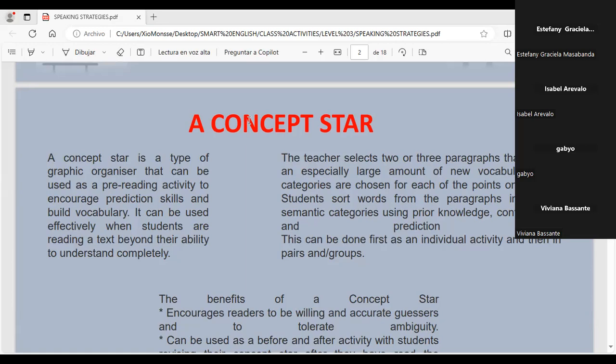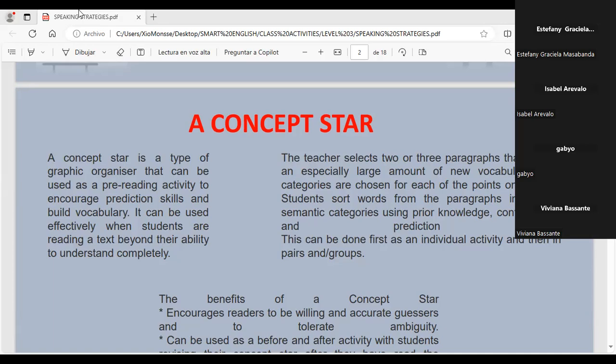The teacher selects 2 or 3 paragraphs, for example from a reading, that contain an especially large amount of new vocabulary. 5 categories are chosen for each of the points on the star. Students sort words from the paragraph into these semantic categories using prior knowledge, context clues, and prediction skills.